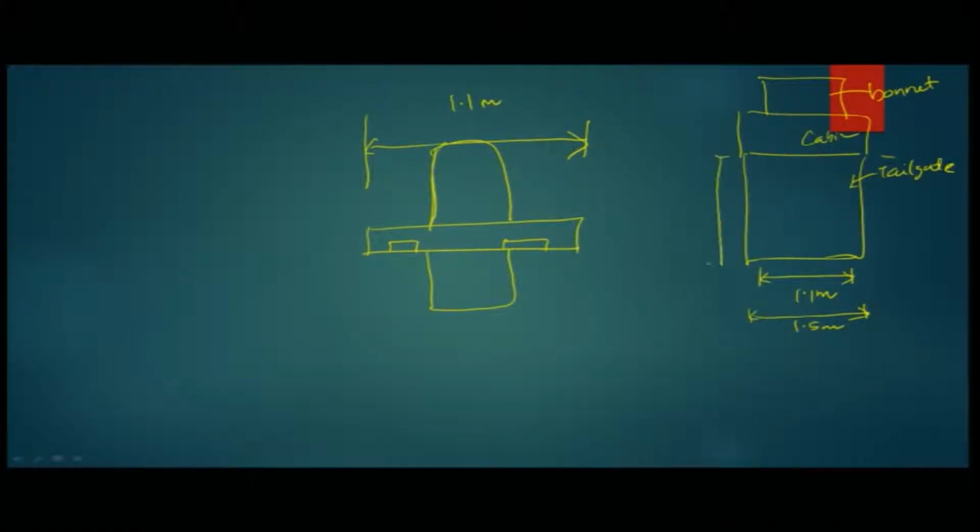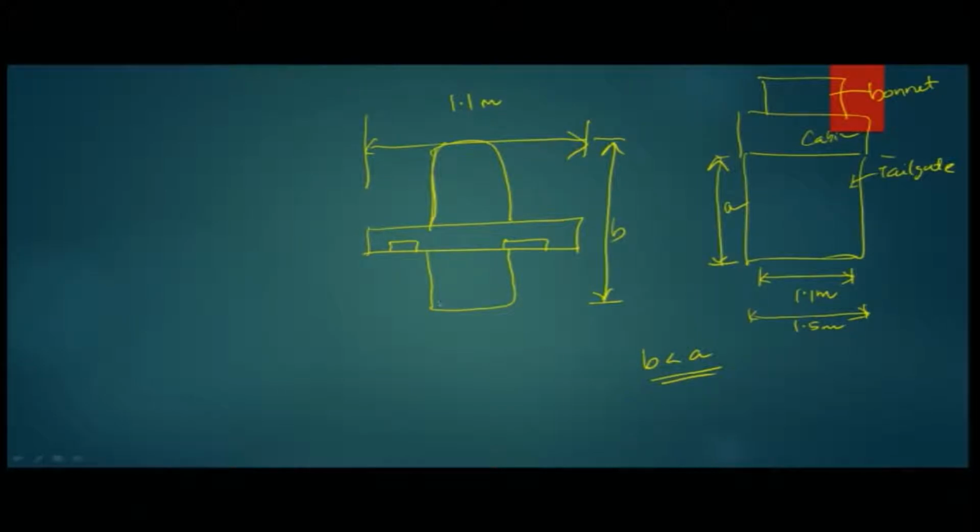This length was also measured and matched. Assume that this is A and this is B. We ensured that B is less than A, so that the packaging fits within it. Once that was over, this length was fixed.